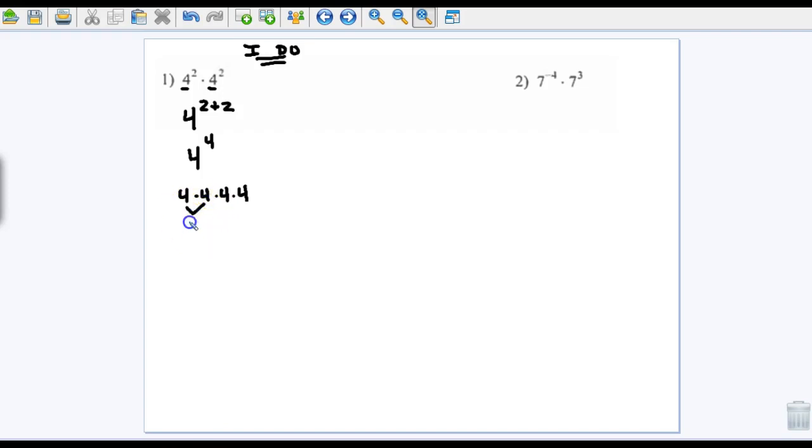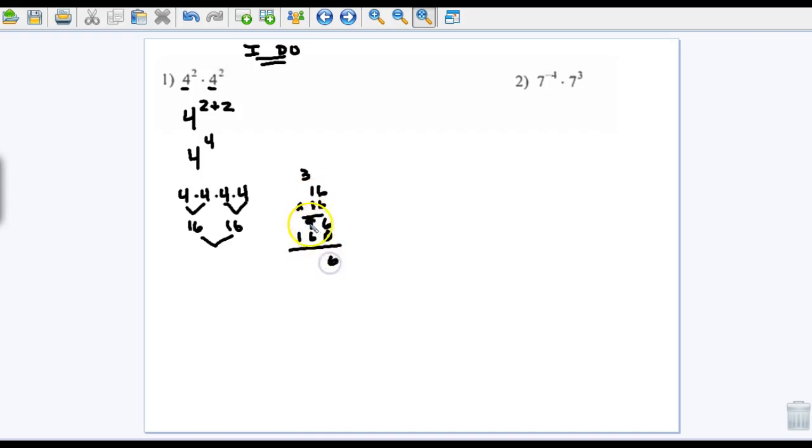So 4 times 4 is 16. 4 times 4 is 16. 16 times 16, I don't know it off the top of my head, so I'm going to go ahead and multiply it. 6 times 6 is 36. 6 times 1 is 6, plus 3 is 9. 6 times 1 is 6. 1 times 1 is 1.